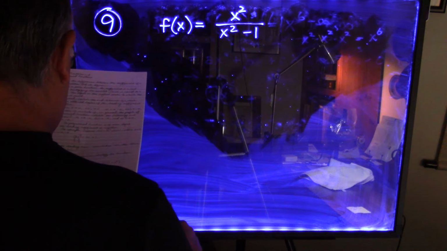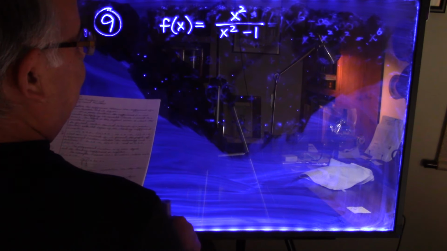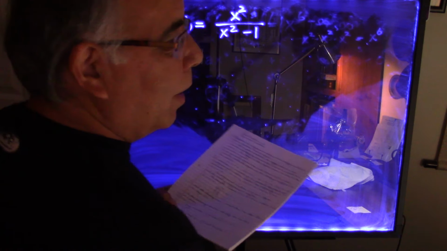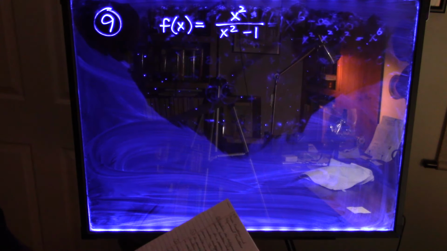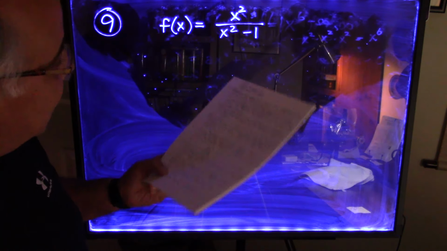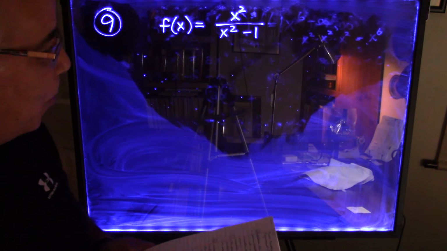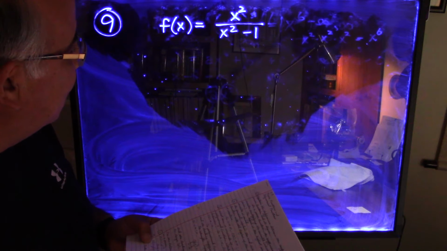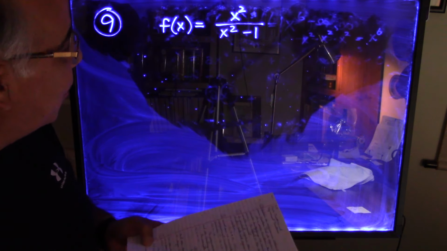This is what's known as a rational function. Think of a rational number. It's a fraction, basically. This is a function in fractional form, if you want to call it that. So it's a function that's written as a fraction, or a rational function.